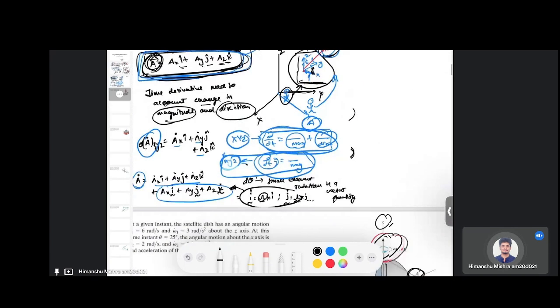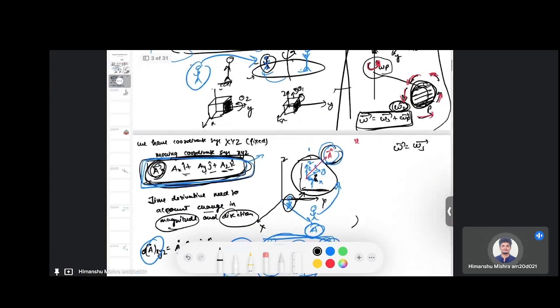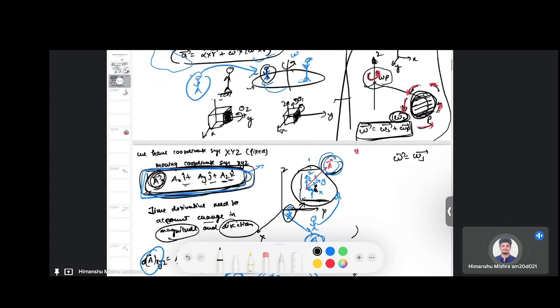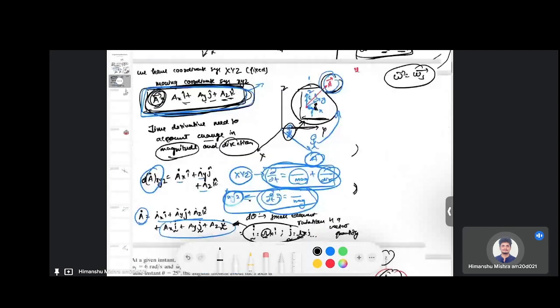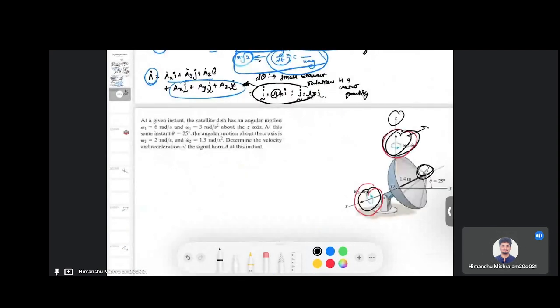Just like we discussed, when we are given this z component of angular velocity, the angular velocity of the disk is not just omega s. It is actually omega s plus omega p. Here also, let's say this is omega p and this is omega s.